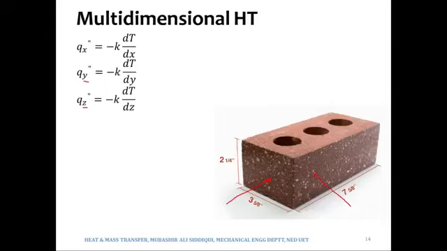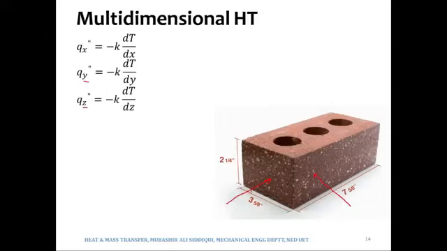You may notice that the area in the x direction is not the same as the area in the y direction. The area in the x direction is in fact 3 by 2, because when we say Q is minus kA delta T over delta x, A is the area normal to the direction of heat flow.